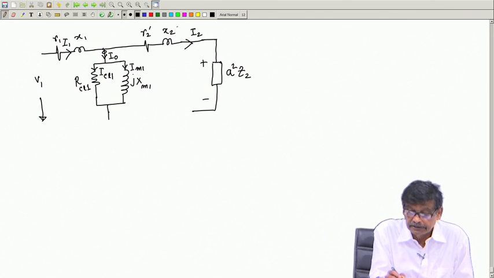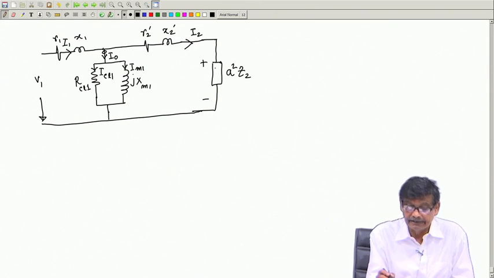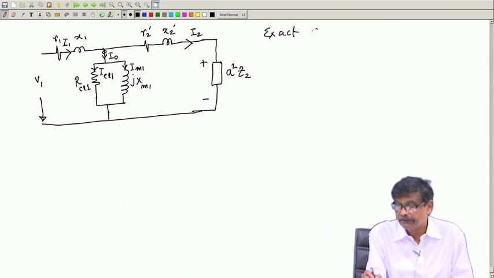This was R 2 dashed, X 2 dashed, and here was a line. This is the exact equivalent circuit.